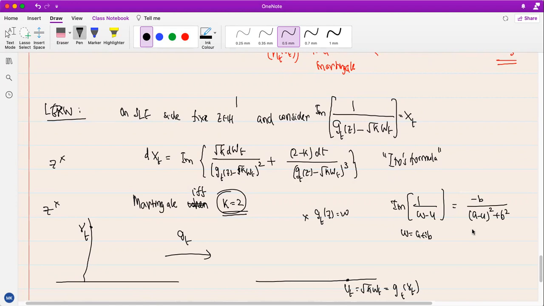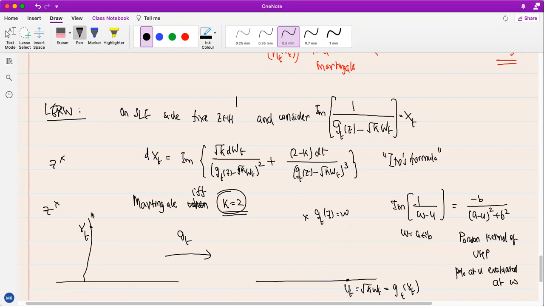So you see, this is the Poisson kernel of the upper half plane with a pole at U, evaluated at W. So this is the Poisson kernel here.